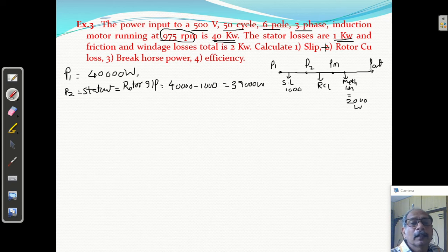Calculate the slip. We will do it later on. First, we have given 6 pole, 50 hertz.